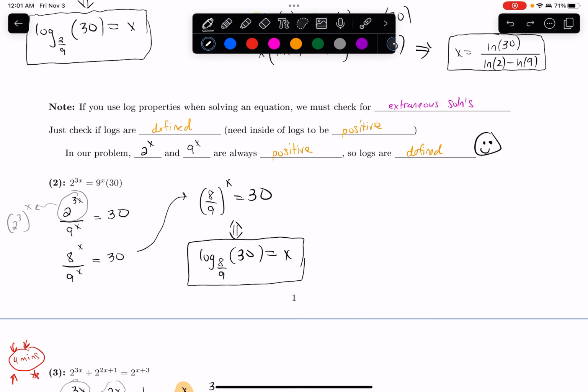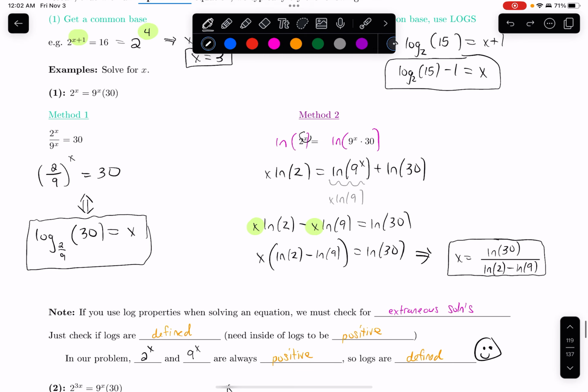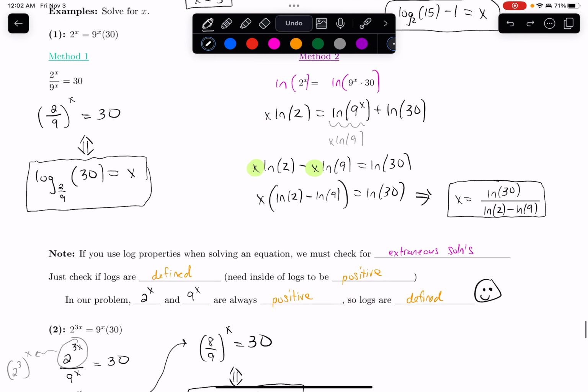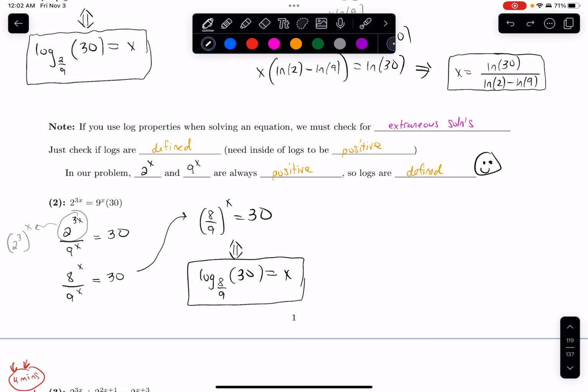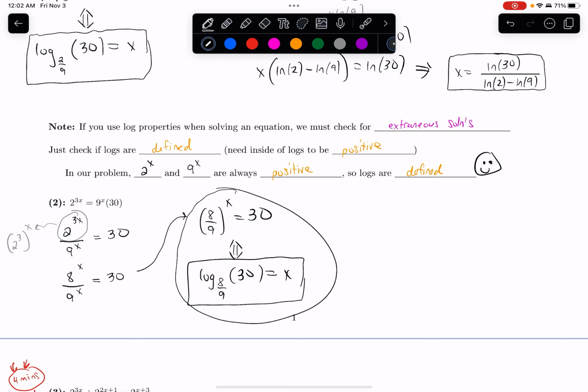How come? The reason is we didn't use log properties in this problem, like bringing the power to the front. All we did was transform our exponential equation to log form. Transforming from exponential form to log form is not a log property. That's why I didn't need to check for extraneous solutions there.